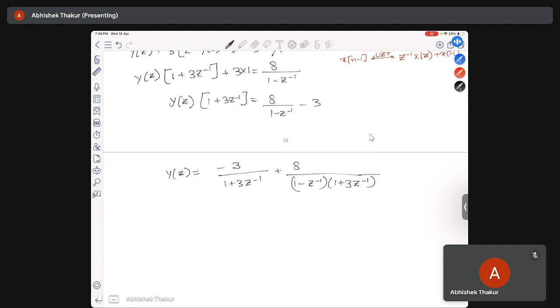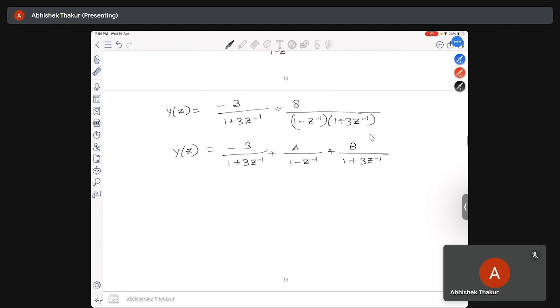So here we can do the partial fraction expansion. We can write Y(z) as -3/(1 + 3z^-1) + A/(1 - z^-1) + B/(1 + 3z^-1).